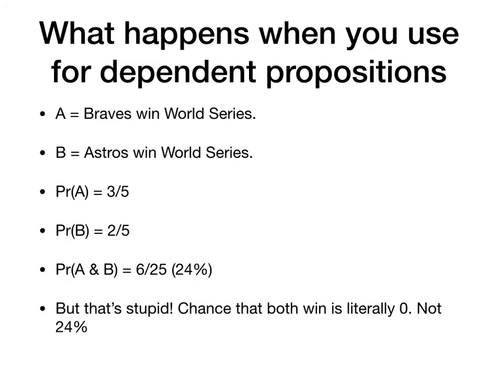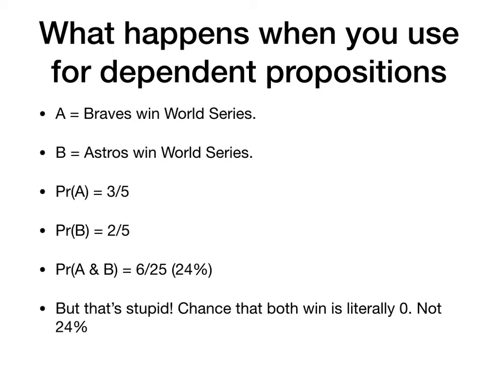Don't use this for dependent propositions, though. If you do, you'll end up with stupid answers. Let's say the World Series hadn't happened yet, and you're asking me what I thought the chances of each team were. I think the Braves have a little bit better chance, so I'd say the probability that the Braves win the World Series, or A here, is 3/5, 60%.